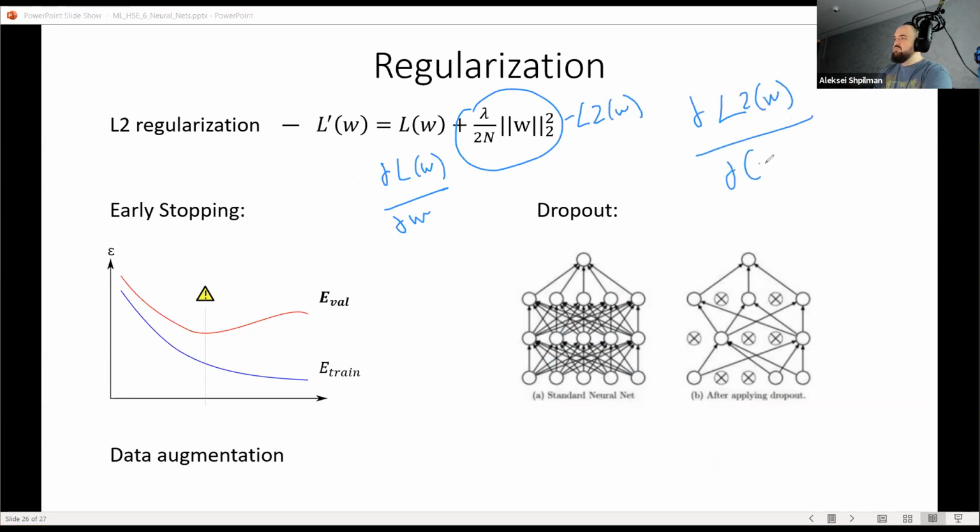Any ideas? It's not a hard question. What is the gradient of this vector squared?